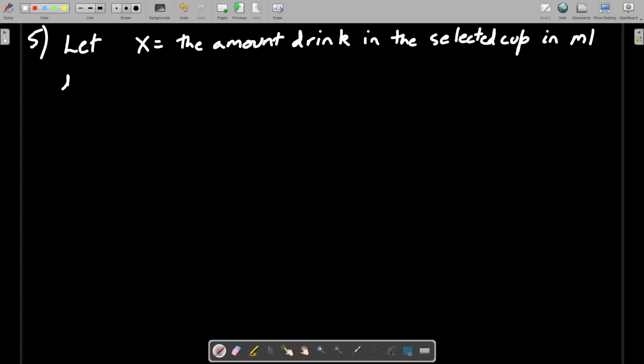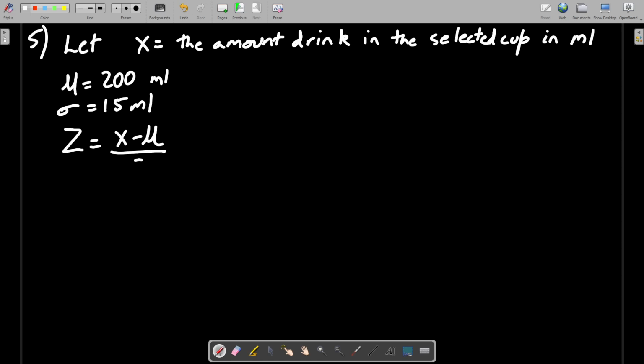Okay, so we are given that mu is equal to 200 ml, and sigma is equal to 15 ml. So z is equal to x minus mu upon sigma. So this will be x minus 200 upon 15.